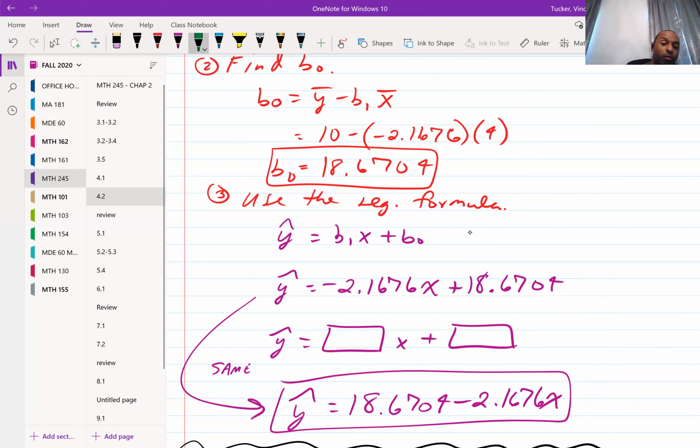More than likely, they will mark it wrong if it says round to 4 decimal places or round to 3 decimal places. So make sure you're paying attention to how many decimal places they require when you put those numbers in those boxes. All right. Problems with the process? Are we good?